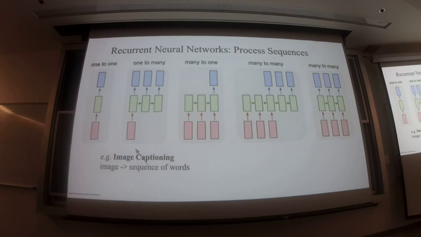Now we may have different types of problems. We may have a machine learning task that requires our network to handle different types of data and also produce different types of outputs. RNNs give us that flexibility to handle inputs of variable size or length, and also produce outputs of variable size or length.